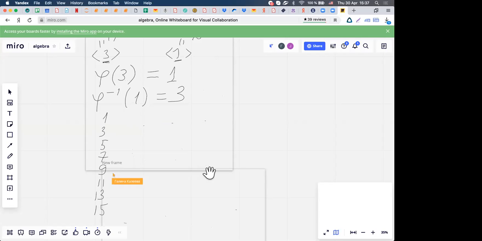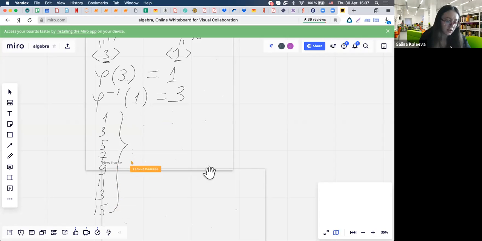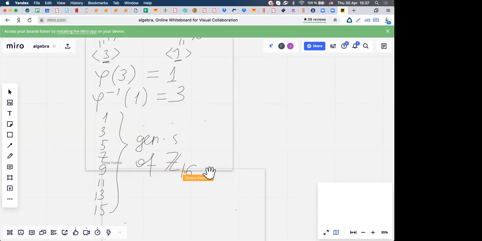These numbers are generators of Z16 as an additive group, because the generators are those elements, those and only those elements which are coprime with 16. Is it clear, this statement? Yes, thank you.